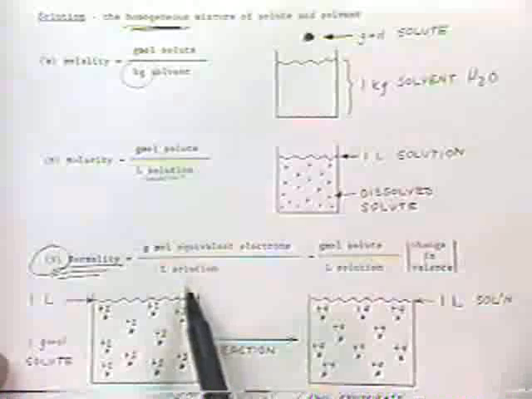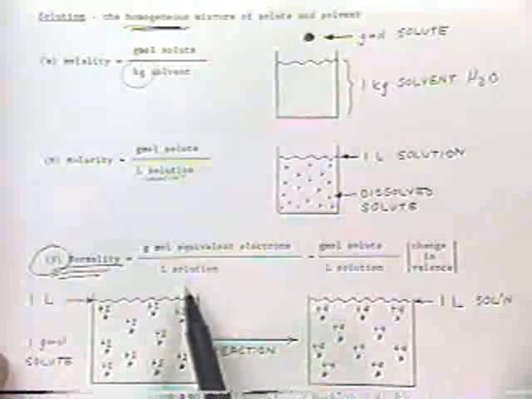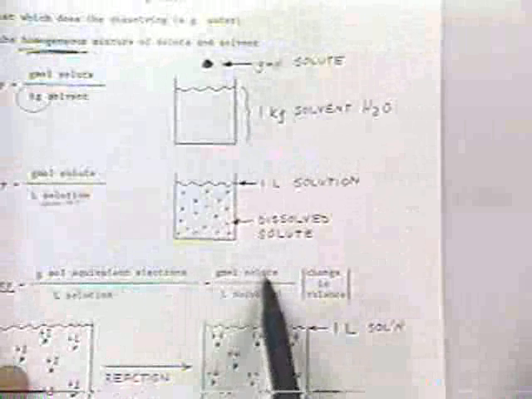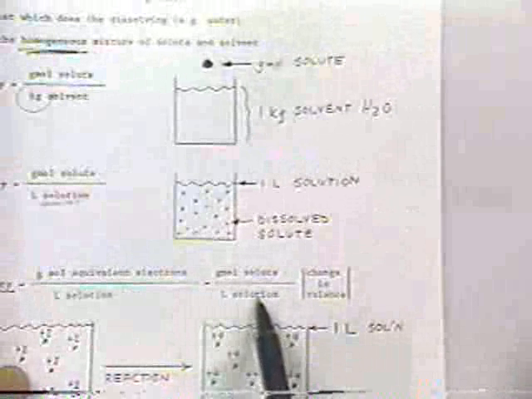And I look at that definition and say, what the hell is an equivalent electron? Well, Dr. Holtzapfel comes to the rescue and comes up with his own definition of normality, shown here. My definition is it's gram moles of solute per liter of solution times the change in valence, and this is indicating absolute value.